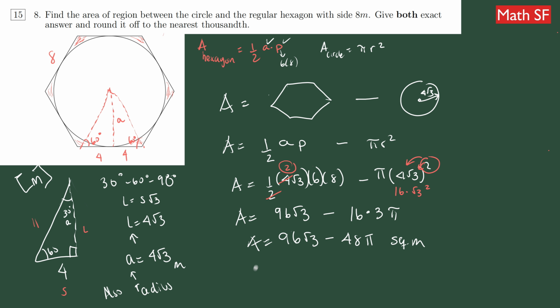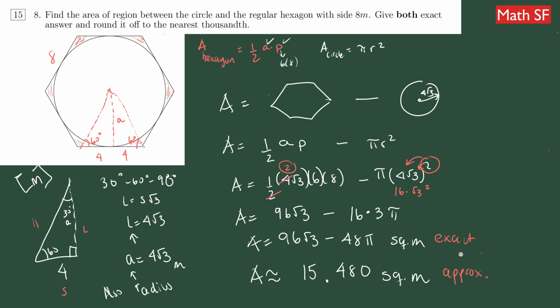But I also want the approximate solution. So I'm going to crunch everything on my calculator. 96 square root of 3 minus 48 pi. And that's going to give us 15.480 square meters, rounded to the nearest thousandth. That's the exact solution and the approximate solution.